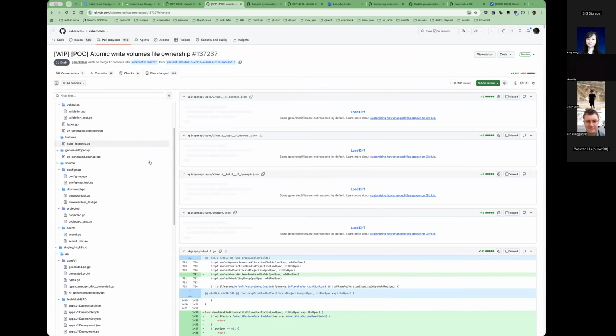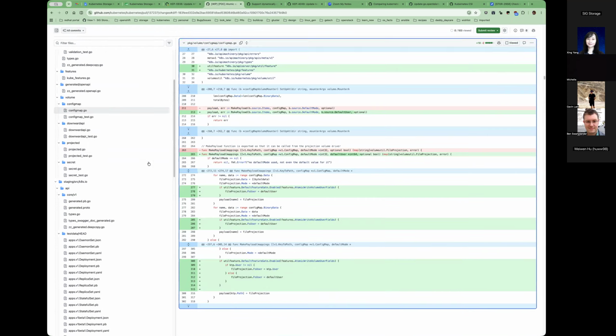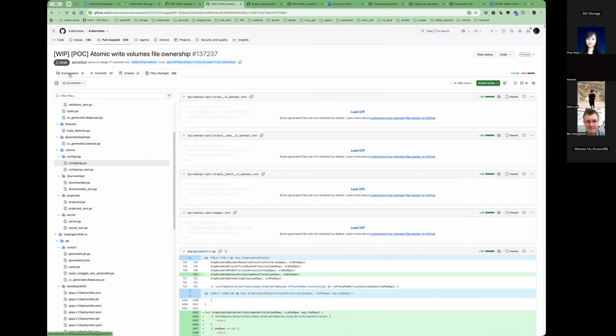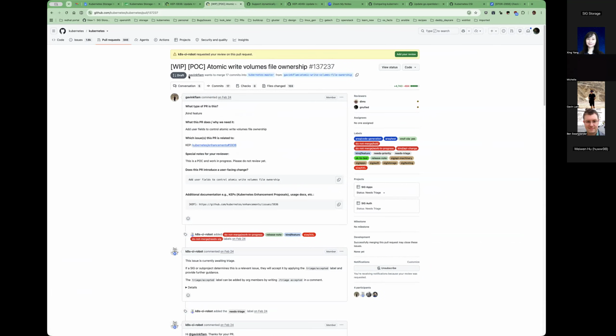Okay, so this would change the way, like the downward. Okay, cool. And I guess this also interacts with the FS group and things like that if it is enabled for the volume. FS group, it isn't. They are independent.